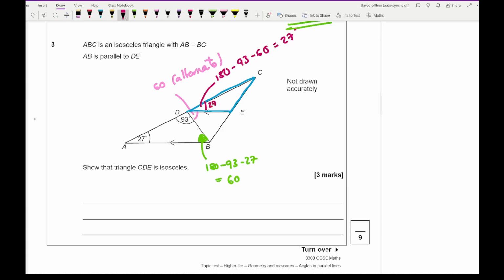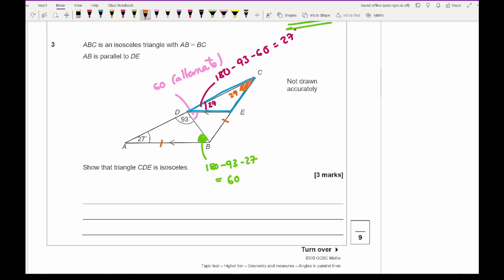The next thing for me then to do is to work out what the rest of the angles are going to be. Well, it says that ABC is an isosceles triangle. So in this triangle here, because these two lengths here are equal, this angle here is going to be 27.